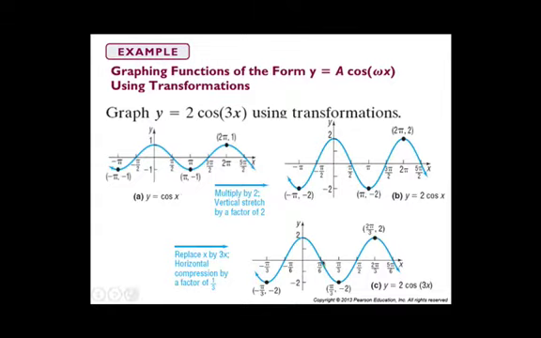The first point along the x-axis is pi over 6. 2 pi over 6, which breaks down to 1/3. 3 pi over 6, 1 over 2. 4 pi over 6, 2/3. 5 pi over 6, and then finally 2 pi.